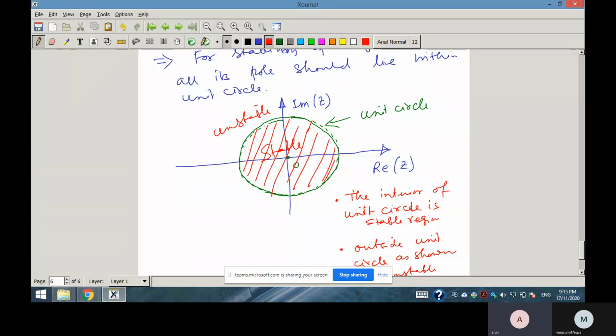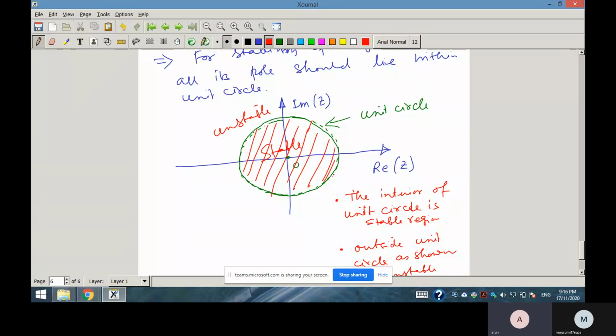So in case of a discrete time system, how can you do the mapping? The left half of S plane is mapped into the interior of the unit circle in Z plane, and the right half of S plane is mapped into the exterior of the unit circle in Z plane. And what about the j omega axis? The j omega axis is mapped into the circumference of the unit circle.